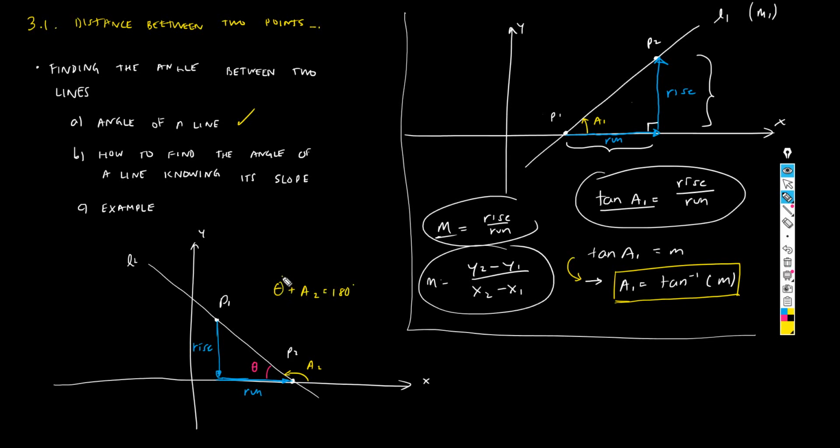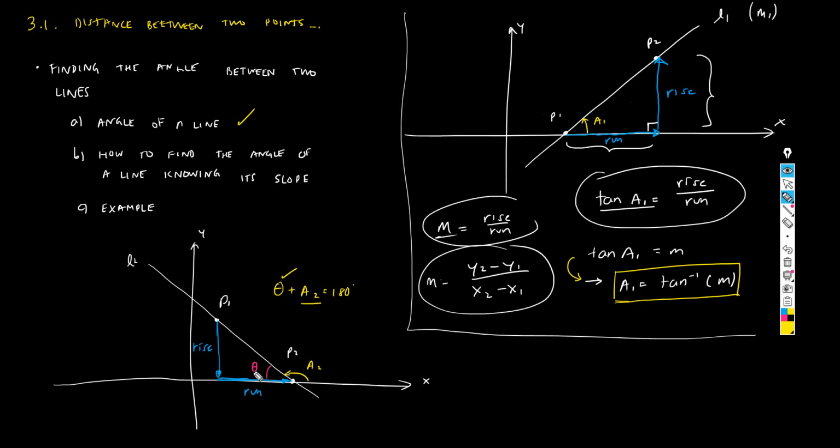So if you know theta, then you can get the angle 2. So that's going to be the approach. When you have this type of line with a negative slope, first find this angle inside, and then by this simple equation, you can get the angle 2.